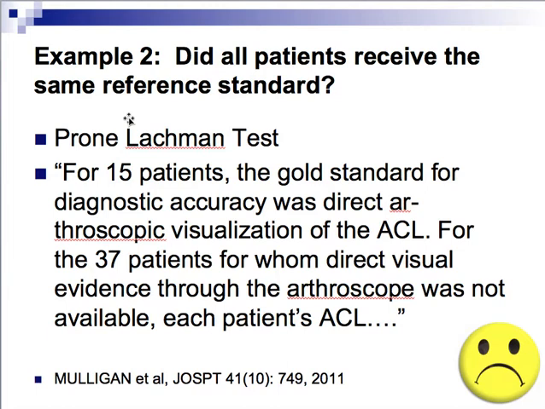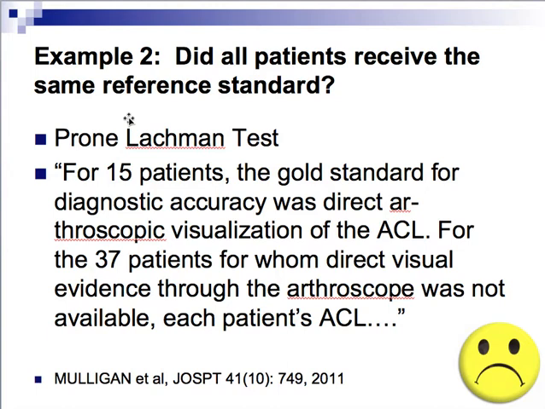And so they had two groups of people. In this particular case, this is a form of verification bias. In one group, the 15, they're using arthroscopy to verify the presence or absence of the ACL injury. And in the other 37 patients, they're using some other technique. So you have basically two gold standards being applied to different decisions.